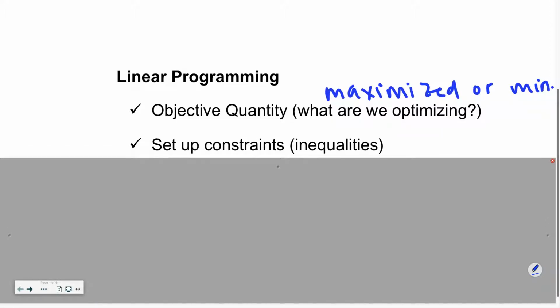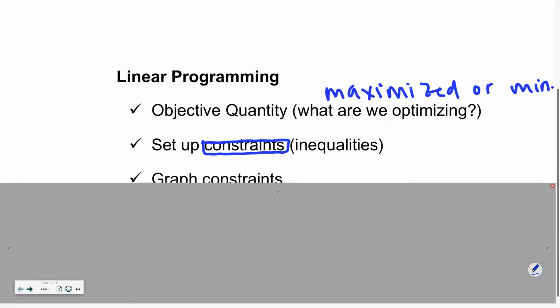Next, you're going to set up your constraints. These are just inequalities. Just like you did in last night's homework, you're going to take some scenarios and create inequalities out of them. These are what we call constraints.